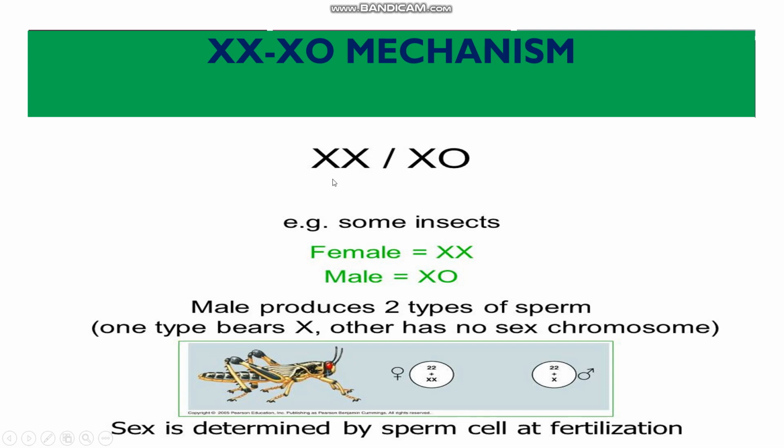So here you can see when the X gamete of the female fuses with the X gamete of the male, an XX individual is produced, that is a female. When the X gamete of the female fuses with the gamete without an X chromosome, you get an XO individual, that is a male. So here also males determine the sex of the individual.